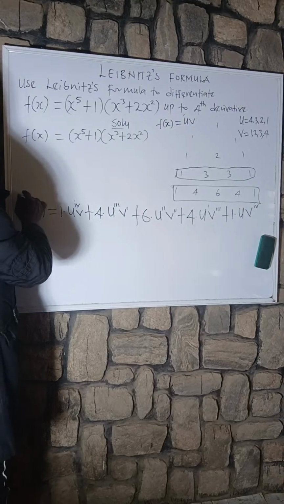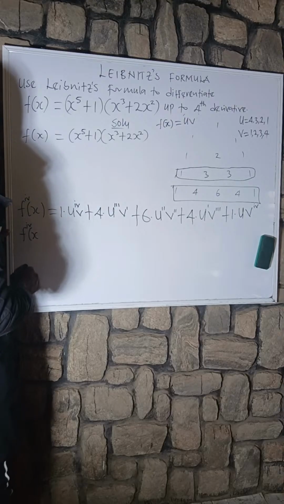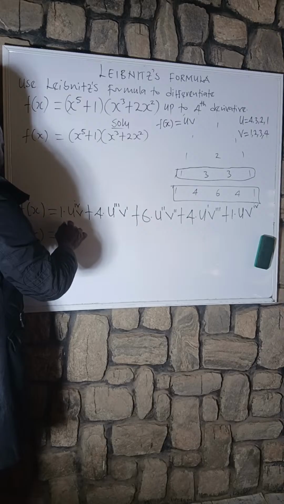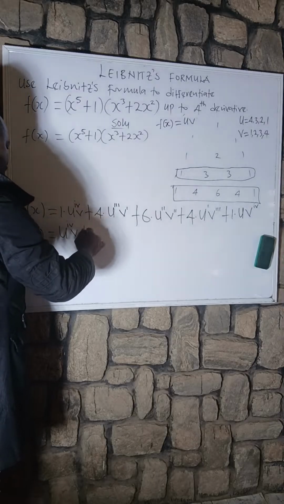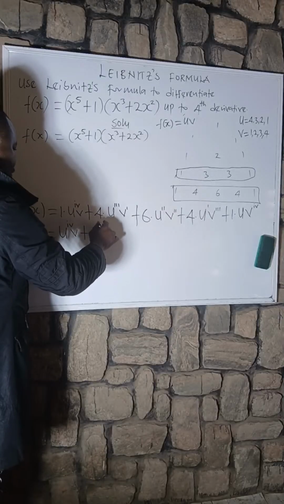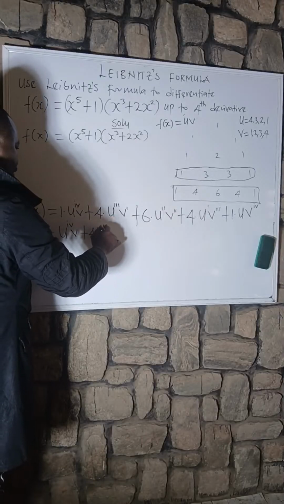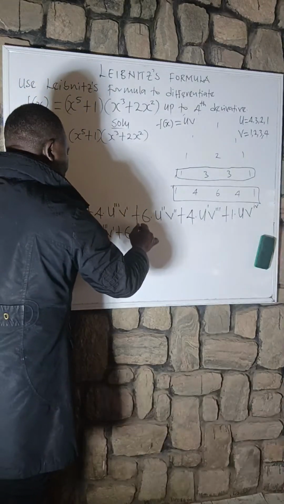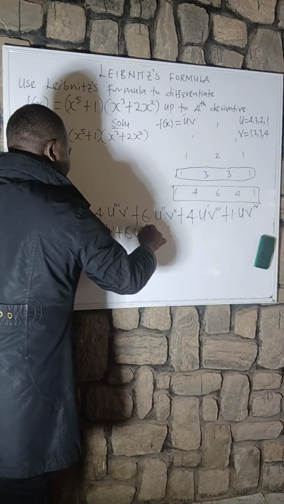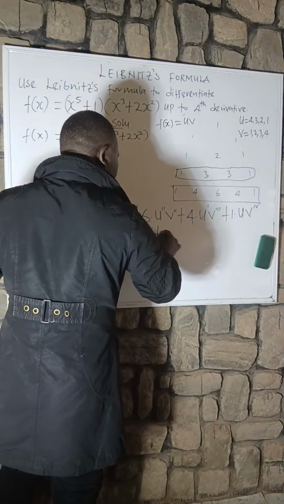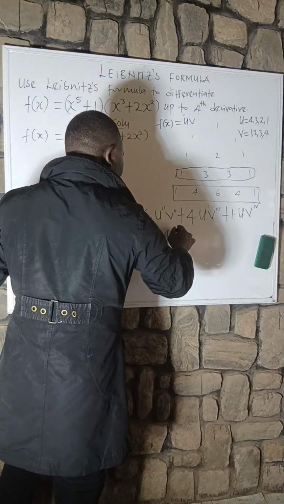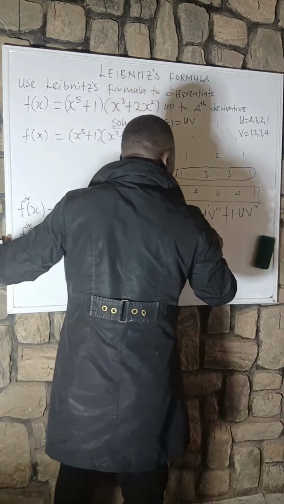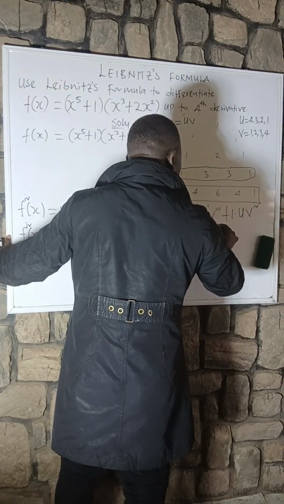It means this is f^(iv) prime is equal to this times this: u^(iv) v, then here will be 4 u''' v', then plus 6 u'' v'', then plus 4 u' v''', then plus 1 times this, u v^(iv).